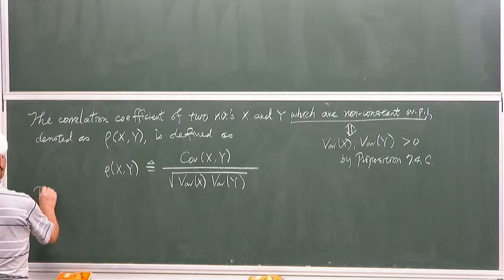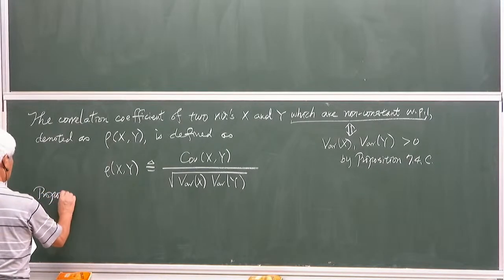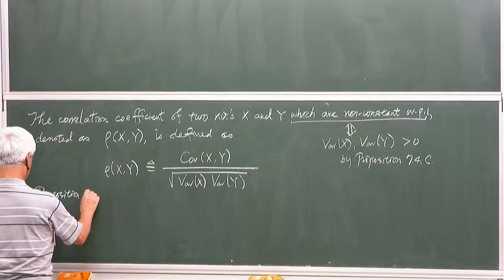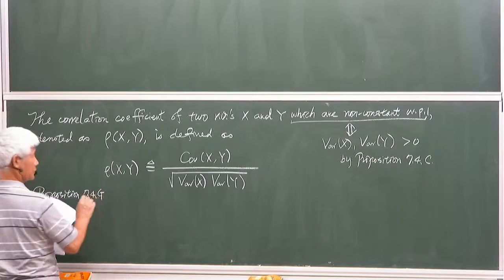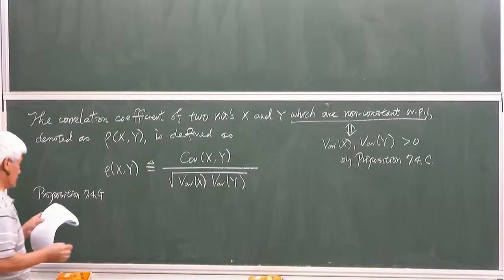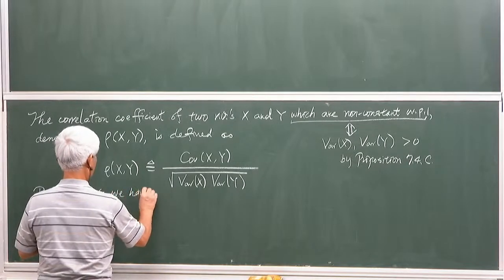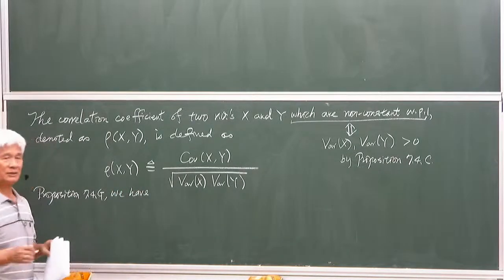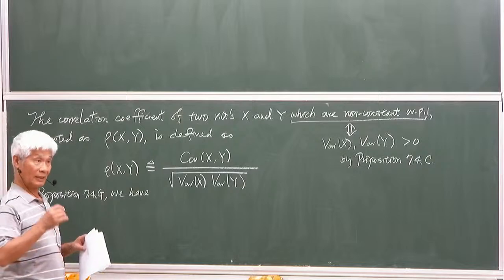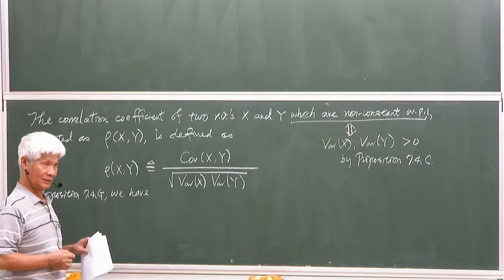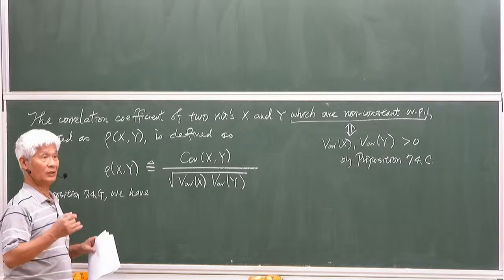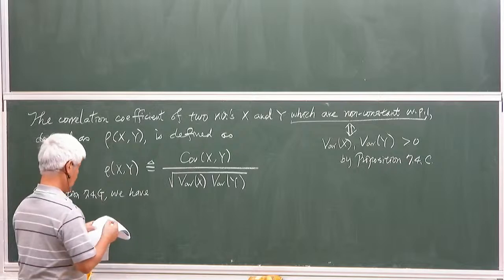All right, and by proposition 7.4.g, which we proved last Thursday, we have another version of the Schwarz inequality in terms of covariance.